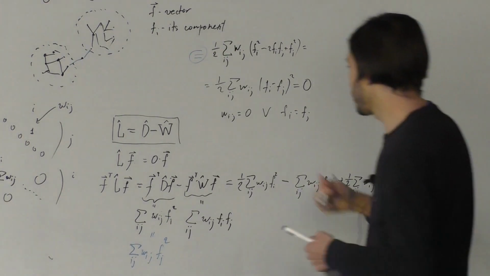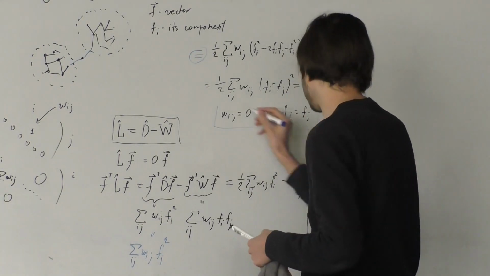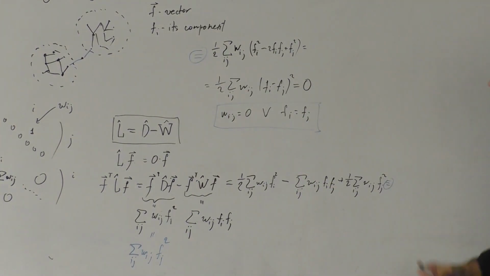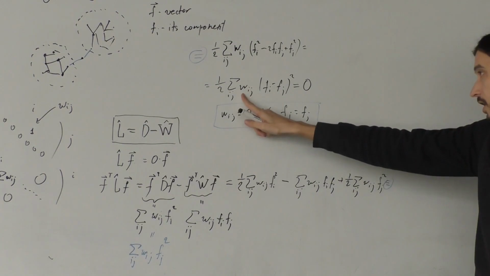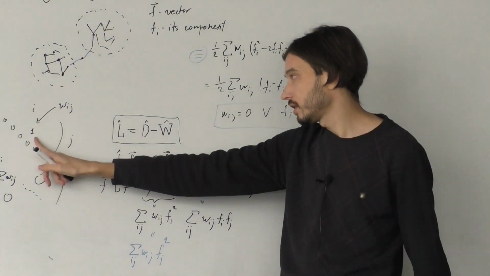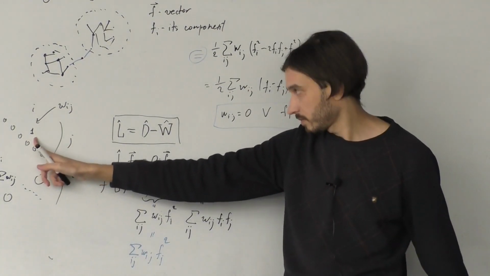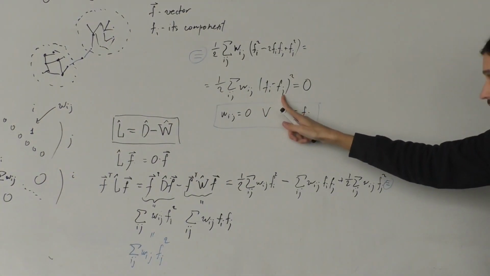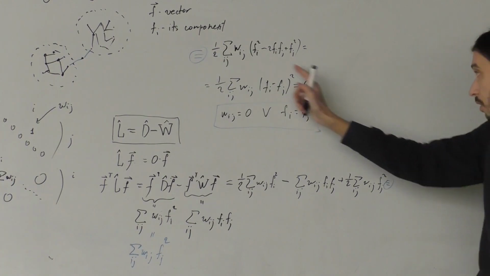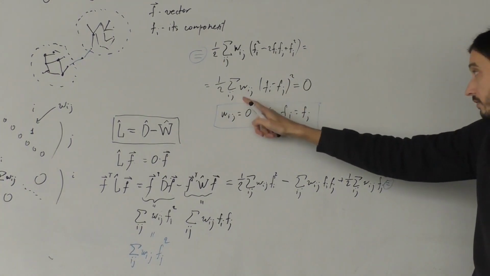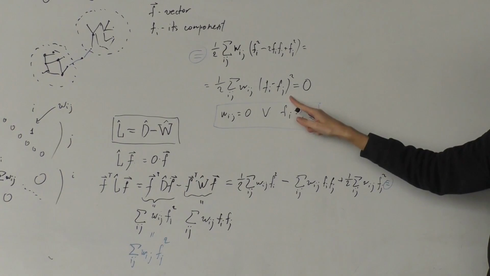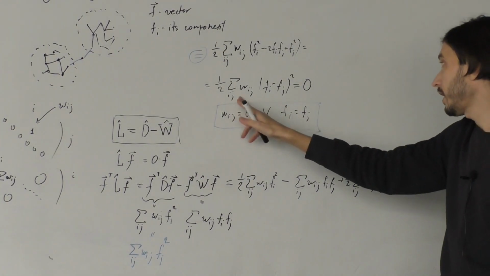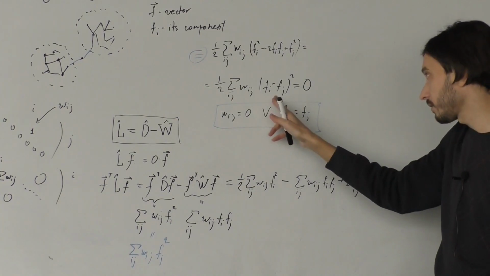So here is the case that we have. Basically, I will just reiterate. These w_ij are taken from this matrix, and they are positive, always. This thing is a square. It's positive, always. So to get 0 from all these sums, we should have each of these things, doesn't matter which i and j we take, equal to 0.